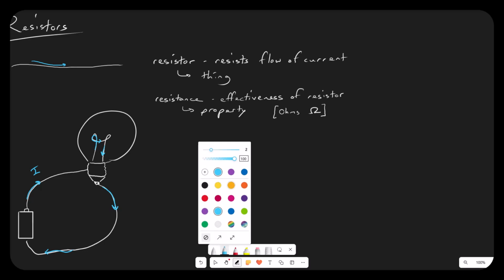And if we get enough current running through it, it lights up.